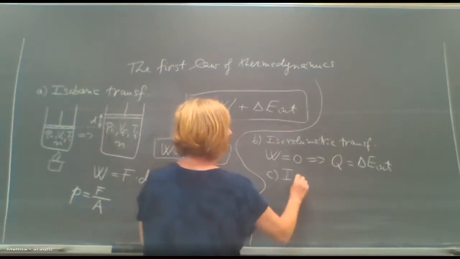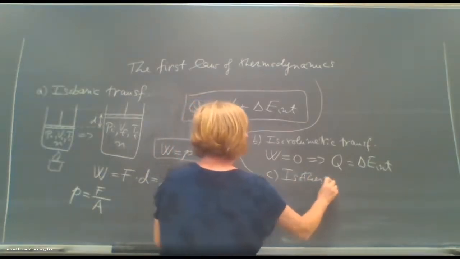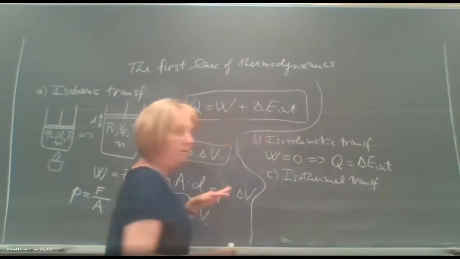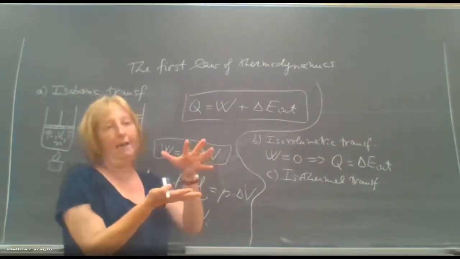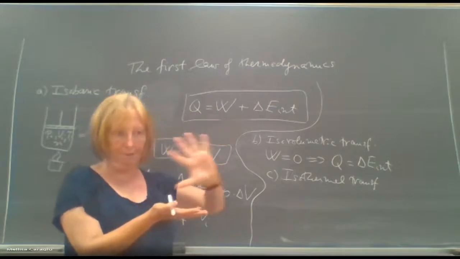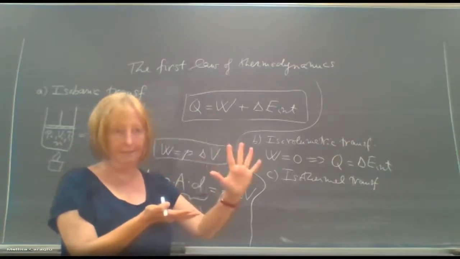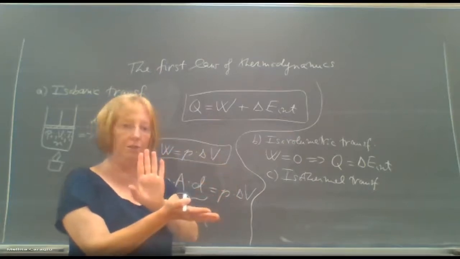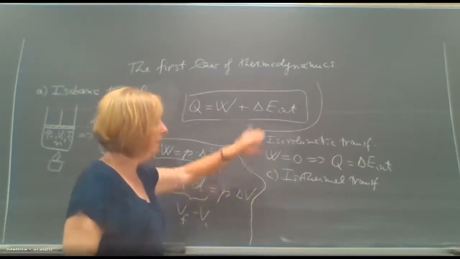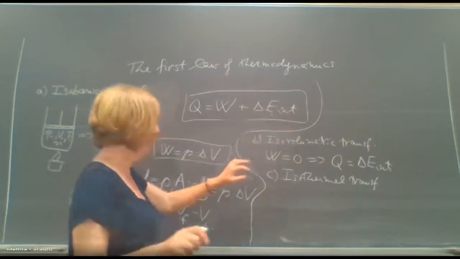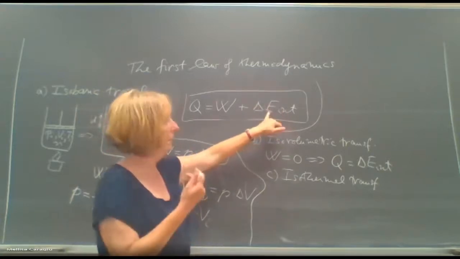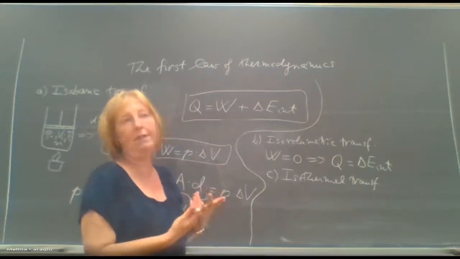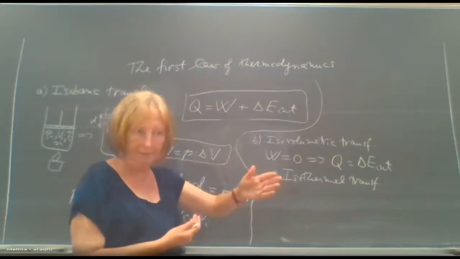Then I have the isothermal transformation. Isothermal transformation means that somehow the temperature of the gas stays the same. So I give heat to the gas, but the temperature is the same. What does that mean, the temperature is the same? We recall, internal energy is always 3 halves or 5 halves or 7 halves nRT.